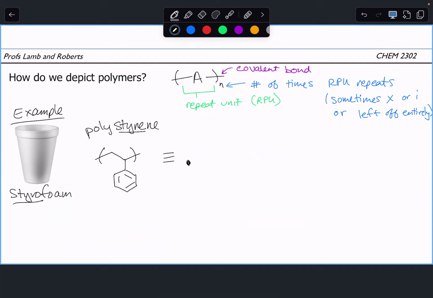This continues on. I'm not going to draw the entire polymer, obviously, because that would be too long. But I can draw my repeat unit. Then I'll change colors and draw my repeat unit in a different color, and again in another color.